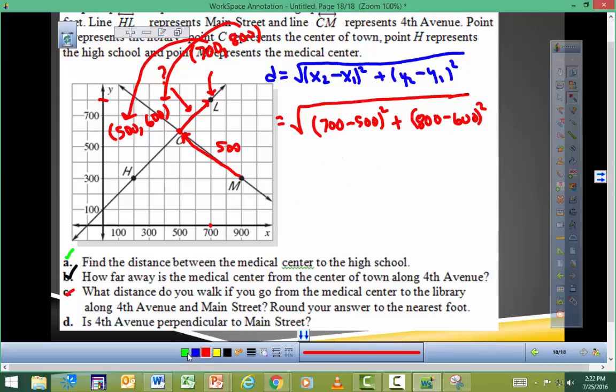Well, if I did my math right, this is going to be 200, and then you square that. Well, 200 squared is 40,000. And 800 minus 600, that's another 200, so that's 40,000.